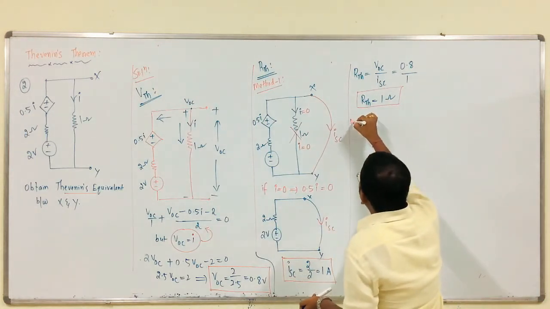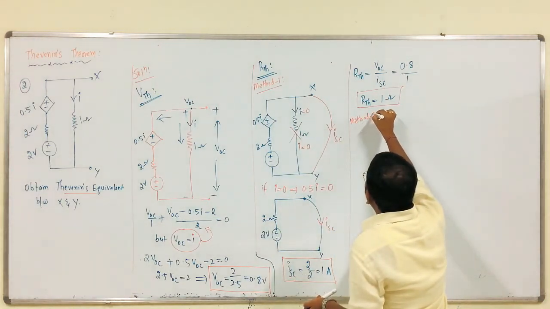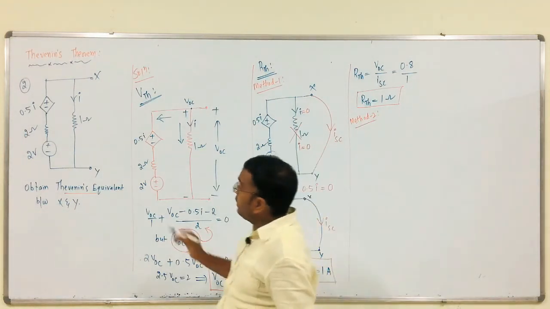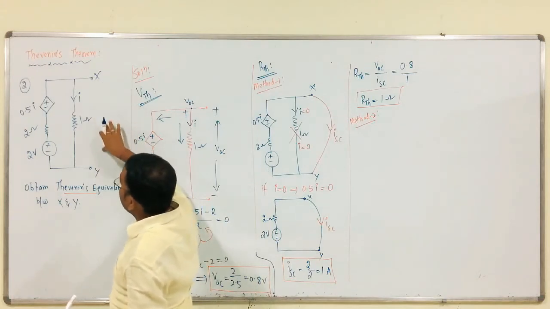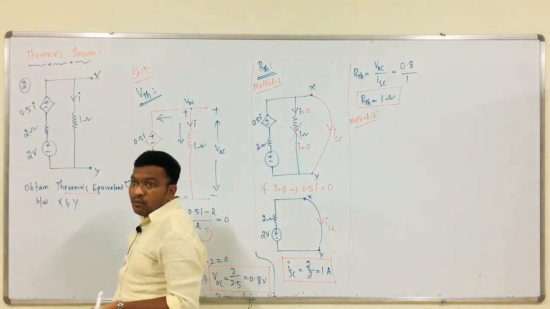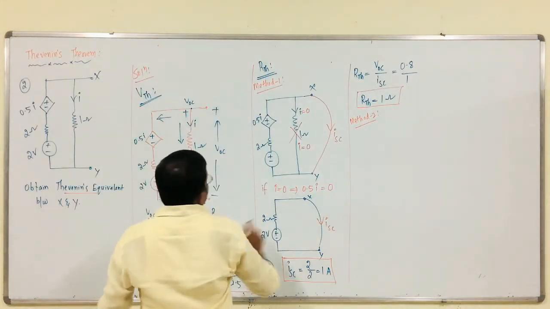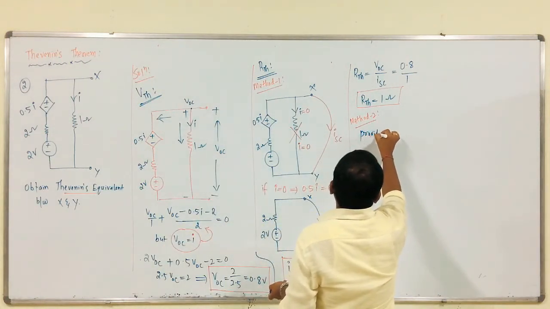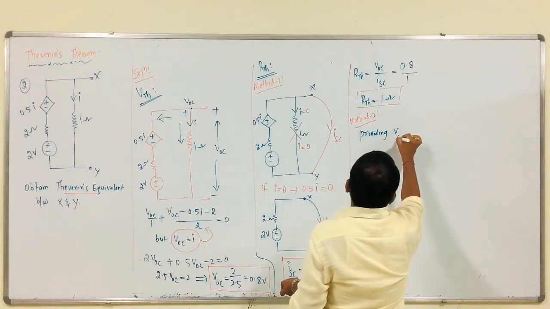Next, method 2. Method 2. What is method 2? We have to provide a driving voltage between these two terminals, keeping this independent voltage source deactivated. Method 2, providing VDC.